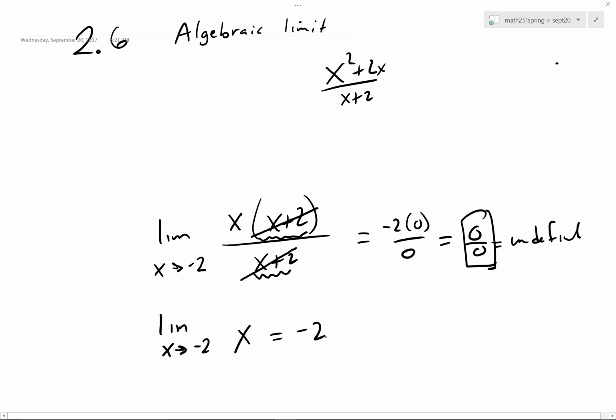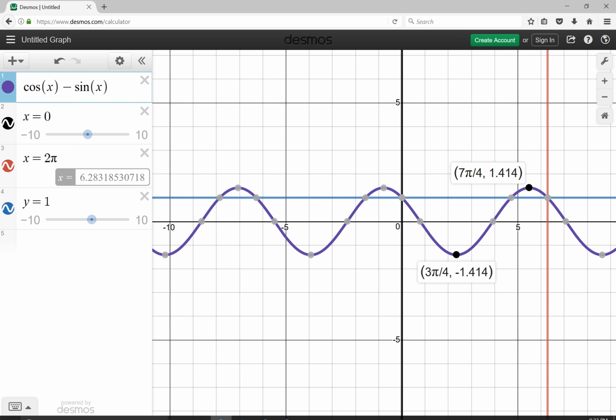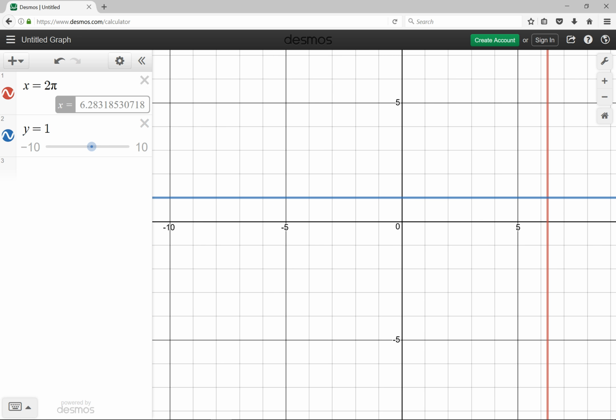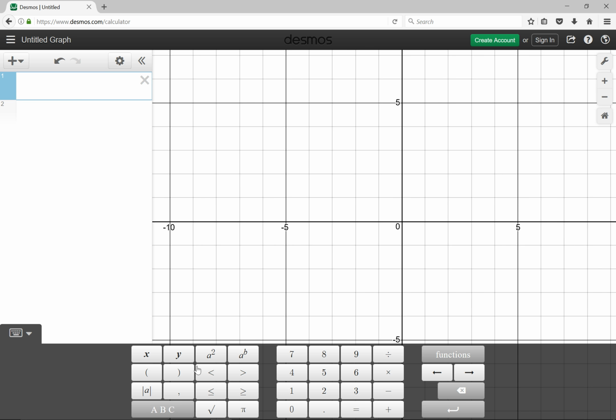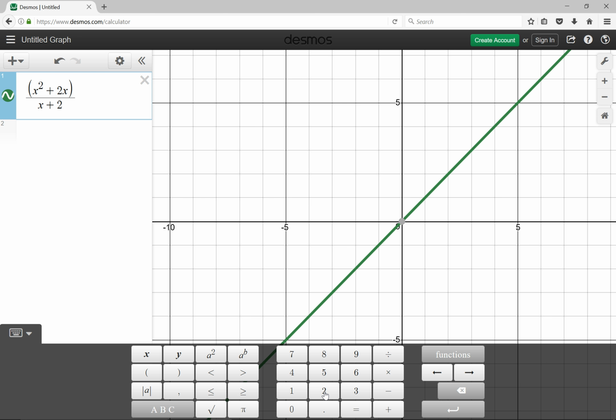It's just -2. Now, of course, you can always look at the graphs of these, but we want to practice doing it with the algebra because that's going to help us out later on when we get into some other things down the road. So again, here's x plus 2 times x, or something, divided by x plus 2. And you're like, look at this, it's a line. This line looks just like x. I agree with you.